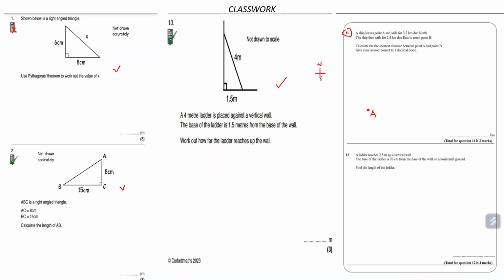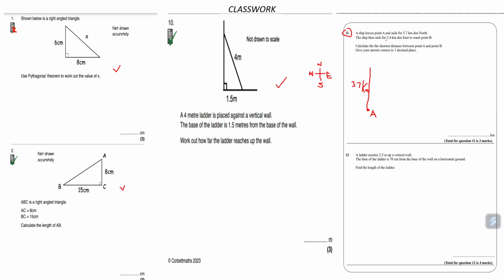This is north, south, west, east. So due north, we are moving upwards. We are told it's 3.7 kilometers.